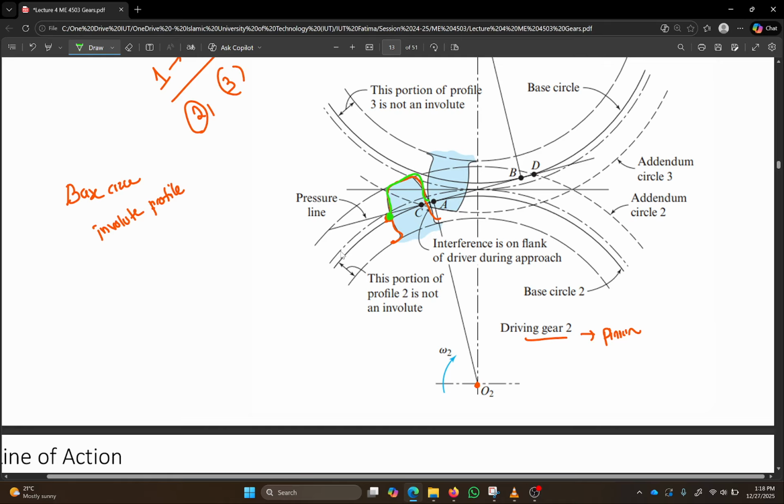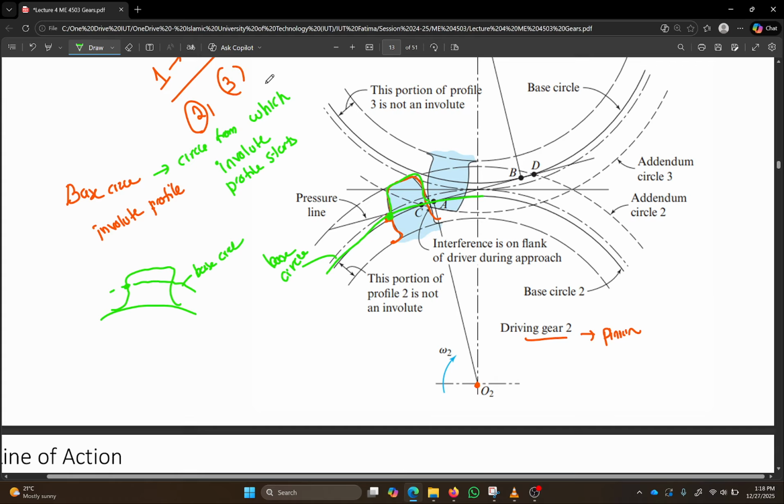The circle that goes to the starting of this involute profile is called the base circle. So the base circle is nothing but the circle from which the involute profile starts. If this is the base of the gear, this is the tooth, and the involute starts from here, this is the base circle.